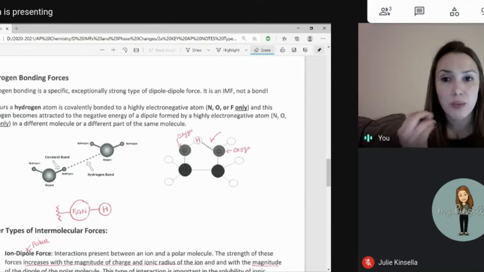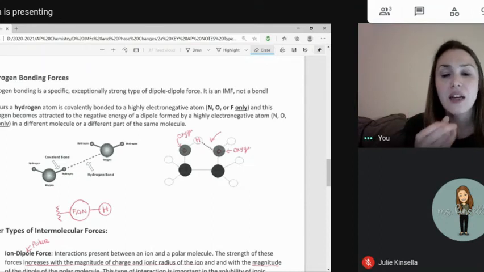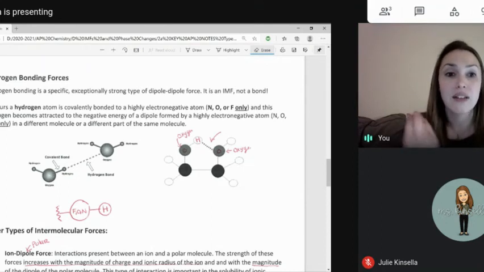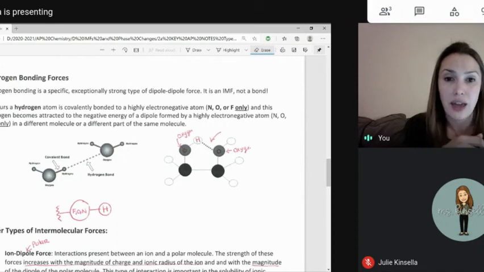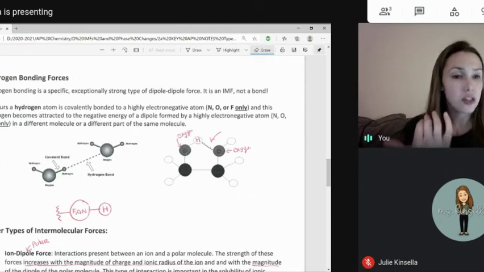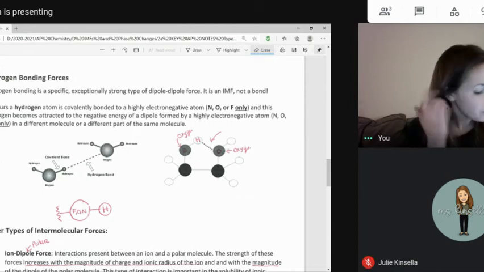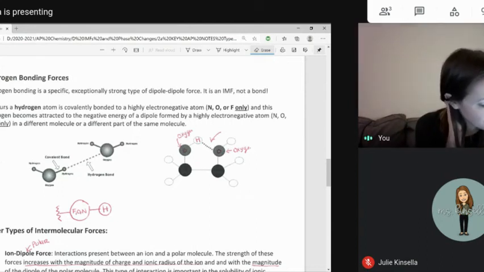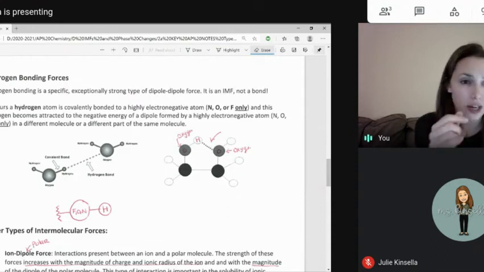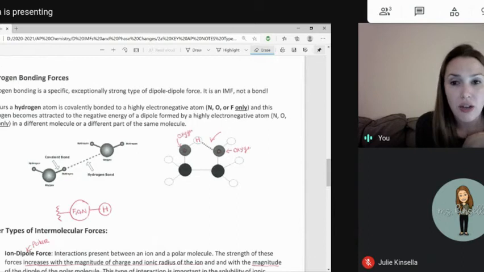That hydrogen will become attracted to the negative end of a dipole formed by a different highly electronegative atom, whether it's nitrogen, oxygen, or fluorine. So this can occur between separate molecules. You would have your hydrogen bonded to oxygen, and then it creates this hydrogen bond attraction to the oxygen in another molecule.